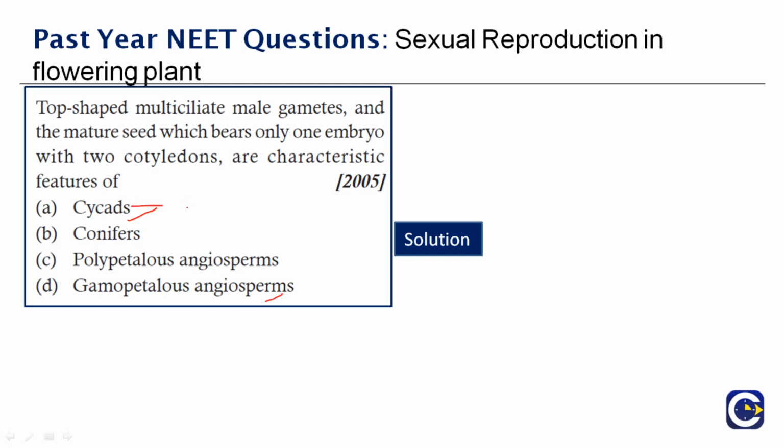They are actually gymnosperms, which have top-shaped multiciliated male gametes, and each mature seed of these plants contains one embryo with two cotyledons. Therefore, the right answer to this question is Cycas, which is option A.